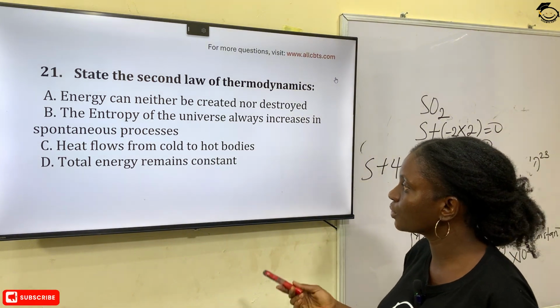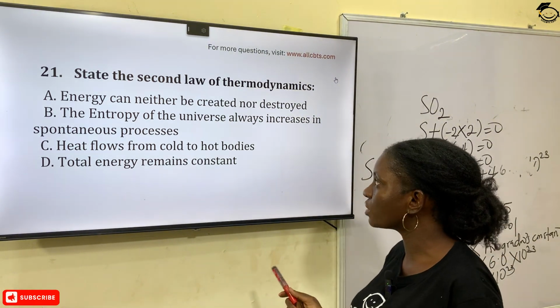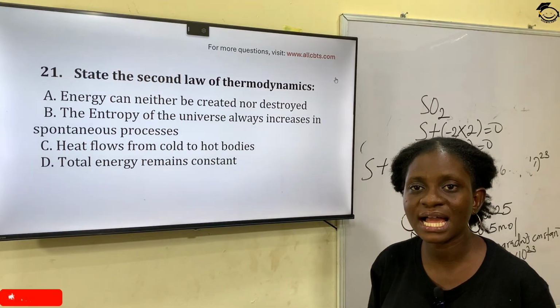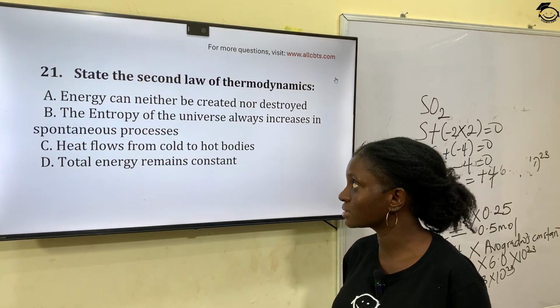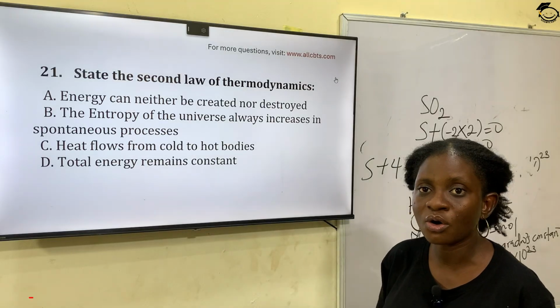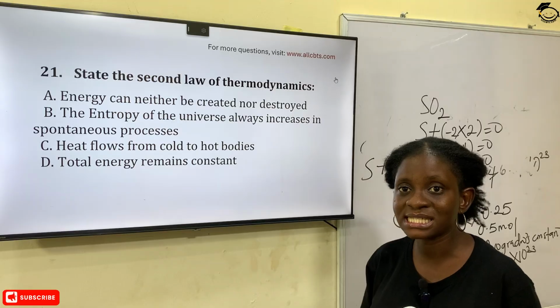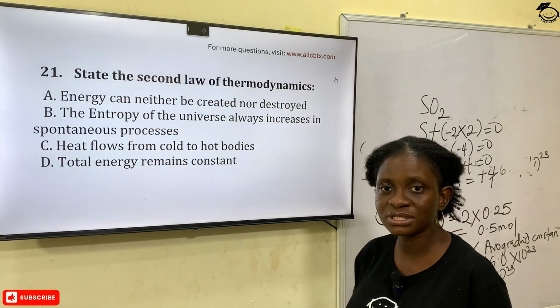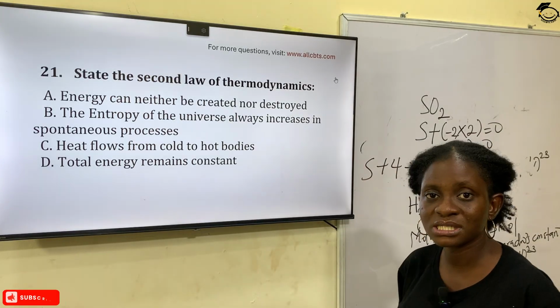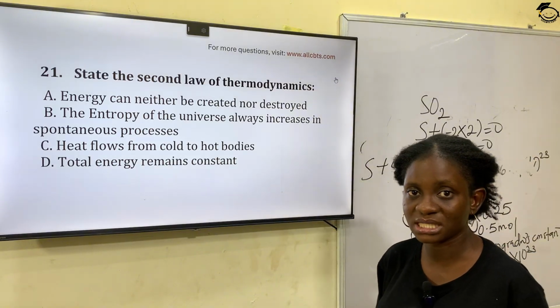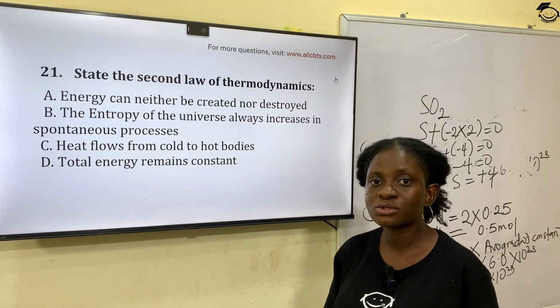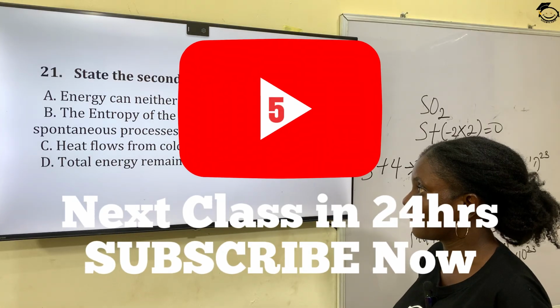C, heat flows from cold to hot bodies. D, total energy remains constant. The second law of thermodynamics indicates that the entropy of the universe always increases in a spontaneous process. That makes option B the correct answer.